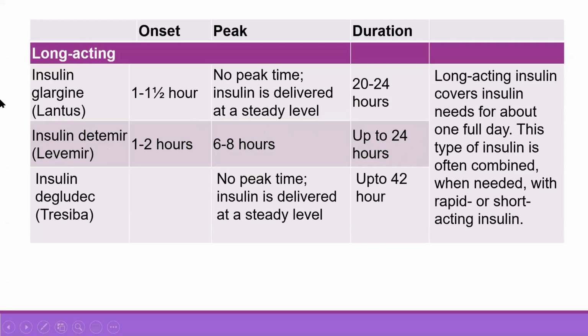On the other hand, glargine has a duration of action of almost 24 hours with no peak, and is a very good long-acting insulin. Insulin degludec, on the other hand, has no peak, is delivered at a steady state, and has a duration of action of 42 hours, so it is a very good basal insulin. All three insulins are actually used as basal insulin.